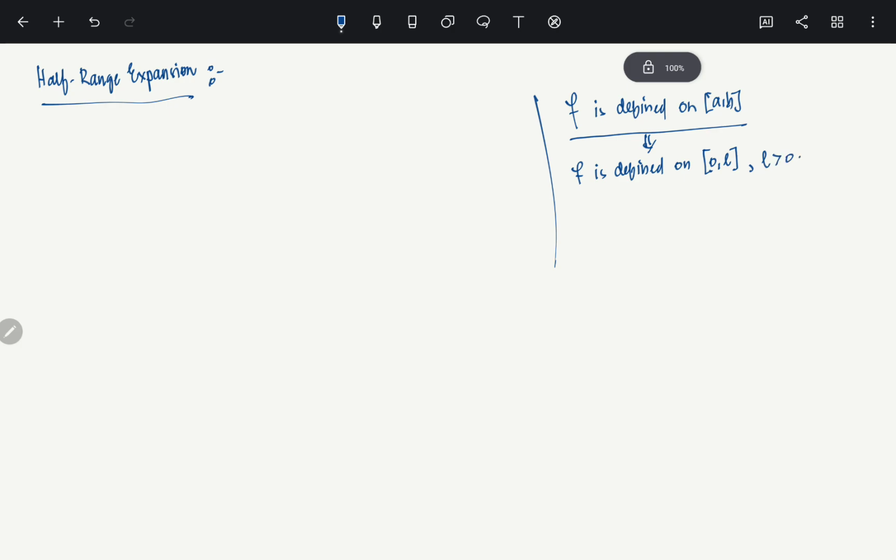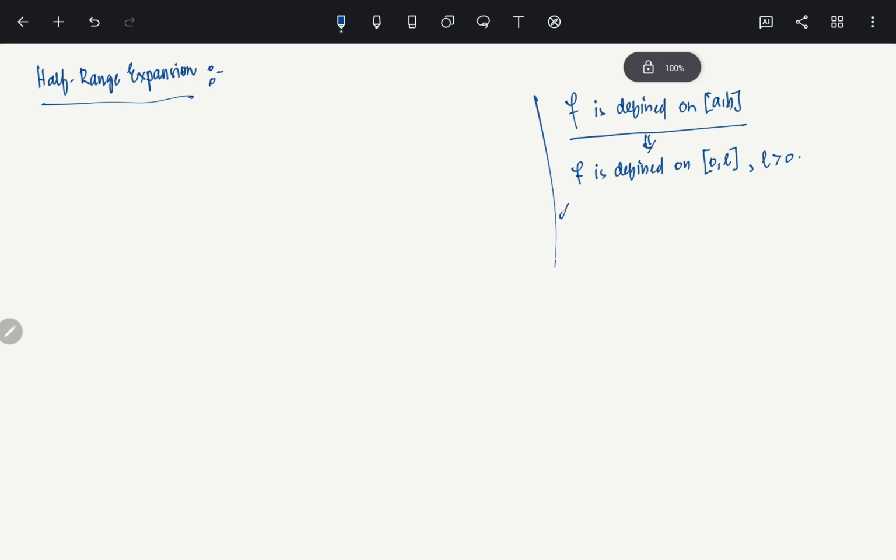Of course, you can translate f, and once you do it, you can get it like this. Okay, now what do we do? So let's say you have a function which is defined on 0 to L.